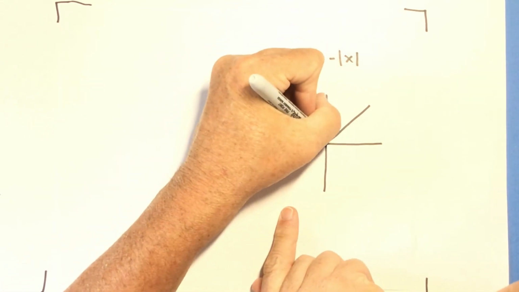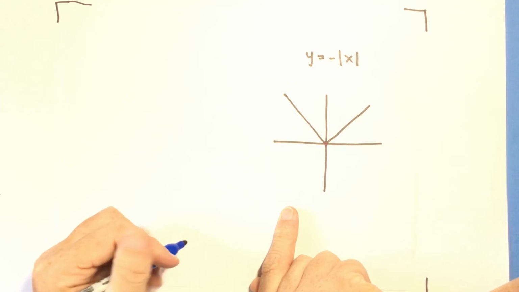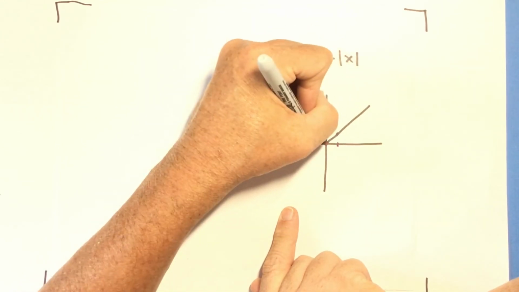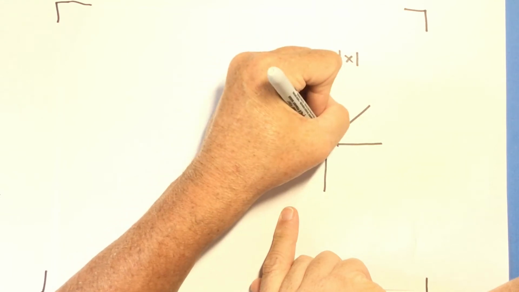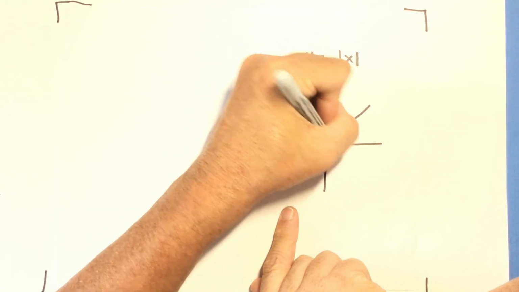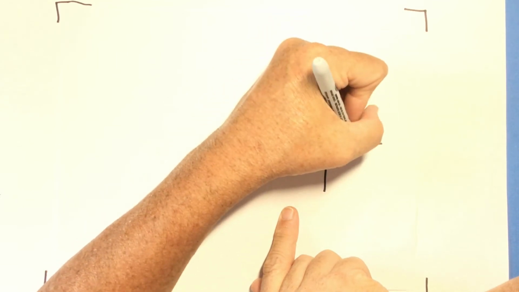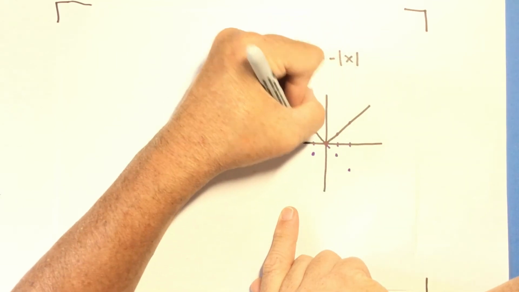That means this point here that was 0, 0 is still going to be 0, 0. But this point here that was 1, 1 is now going to be 1, negative 1. This point here that was 2, 2 is now going to be 2, negative 2.